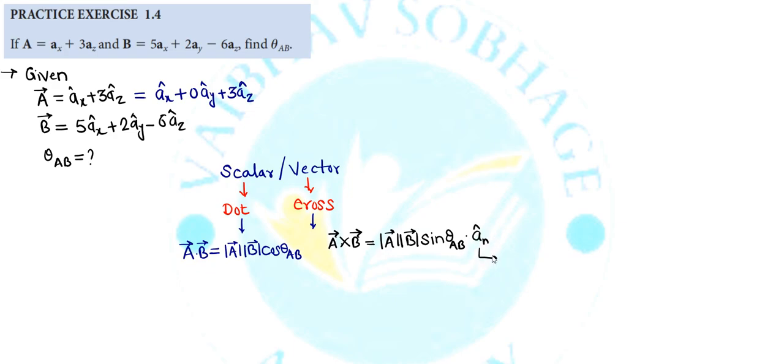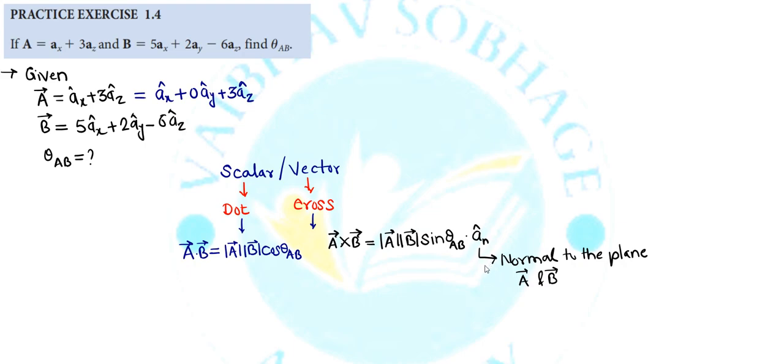So what does this n cap represent? It is the normal to the plane containing vector A and vector B.